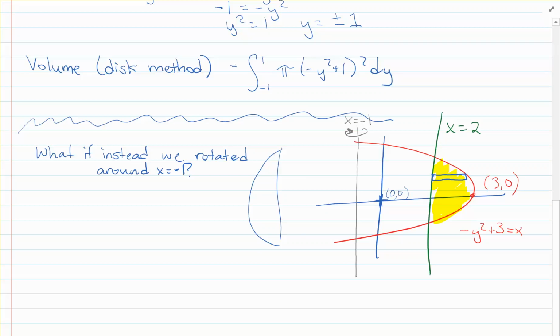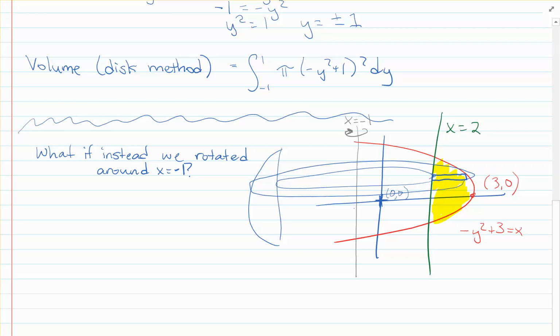The rectangle swings around, and instead of carving out a disk in space, it has a big gap in the middle, this gap between the inner radius and the axis of revolution. There's a gap between the axis and the yellow region, so it creates a big circular gap around the axis.